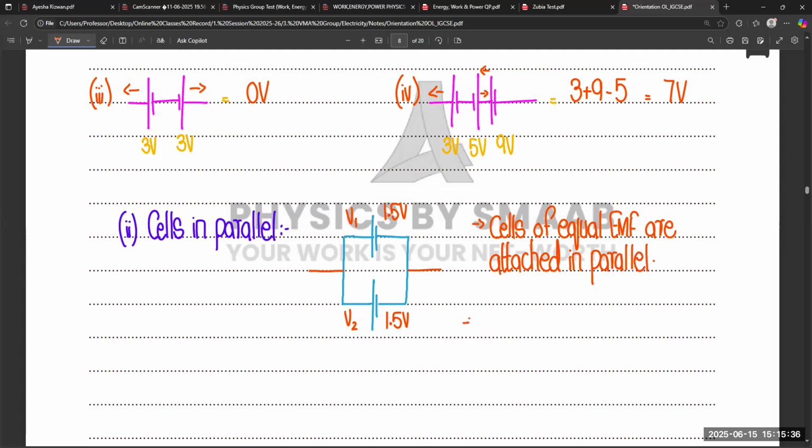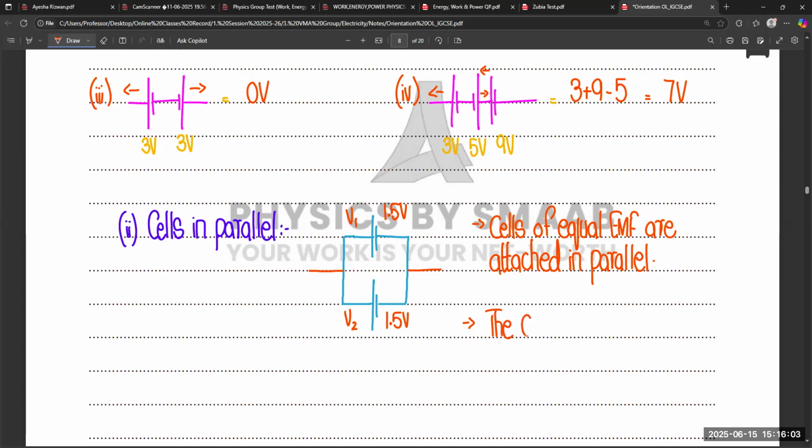And why are we using the same EMF? The reason is very simple, because the combined voltage will be equal to the value of a single cell. For example, we have two cells of 1.5 and 1.5 each, but you will get 1.5 in your result. But this 1.5 will be long lasting. You will get 1.5 volt for a longer time as compared to series combination.